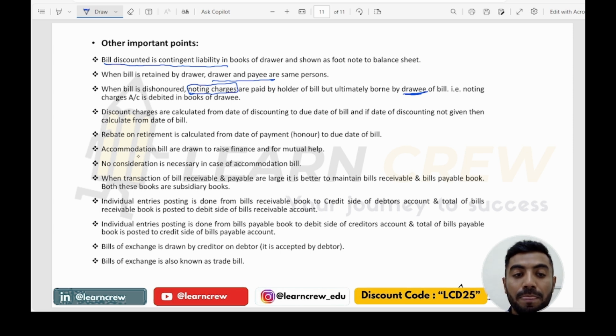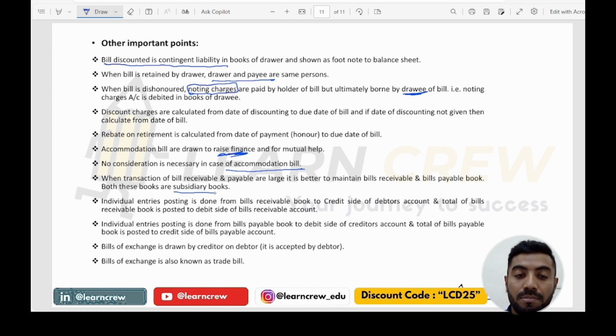Yes, you know this. Accommodation bills are drawn to raise finance. No consideration is necessary in case of an accommodation bill. There's no transaction happening there. When the transactions of bills receivable and payable are large, it is better to maintain a bills receivable book and a bills payable book.